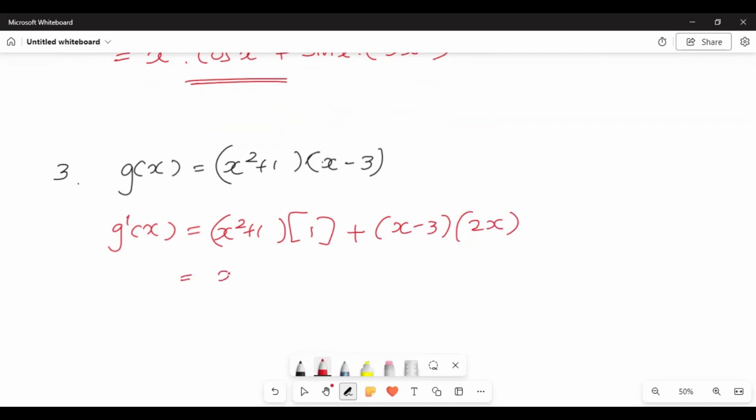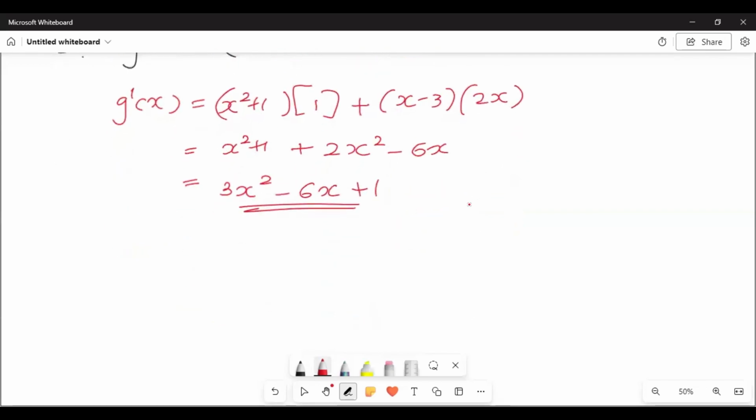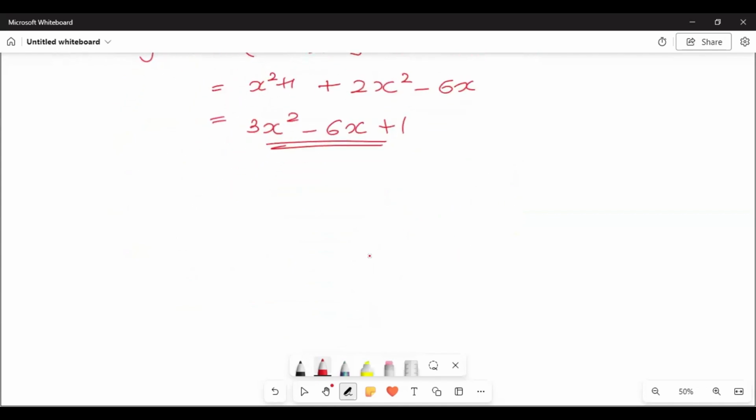So you can write it like this: x to the power of 2 plus 1 plus 2x squared minus 6x. So this is going to be 3x to the power of 2 minus 6x plus 1.